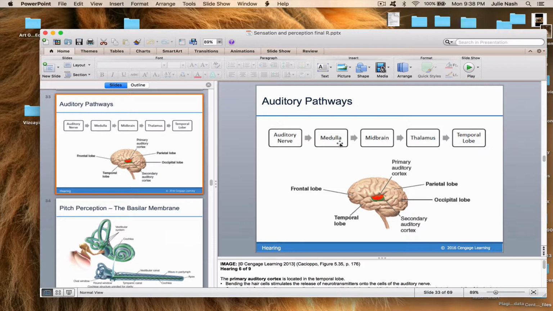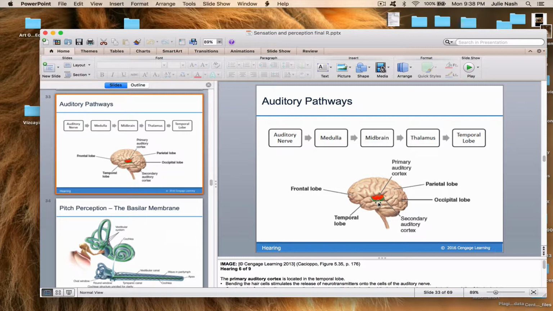Here's the pathway for the neural signal. Once it's not a physical stimulus anymore, once it's past that point of transduction, here's the pathway. It's the auditory nerve, where all the axons leave and bundle together to make up the nerve.